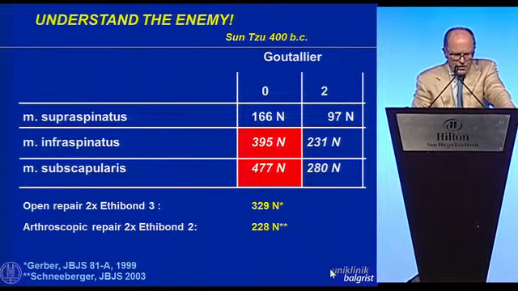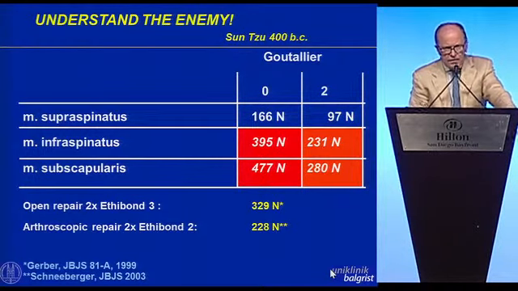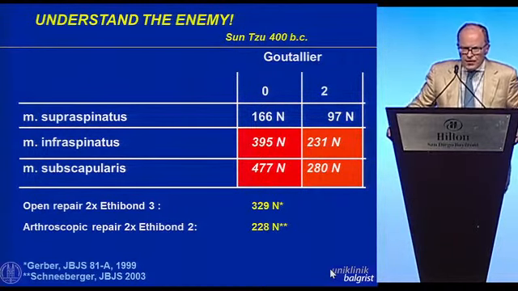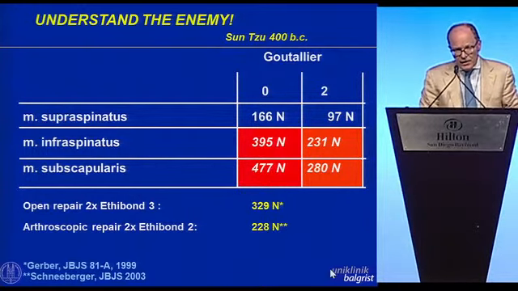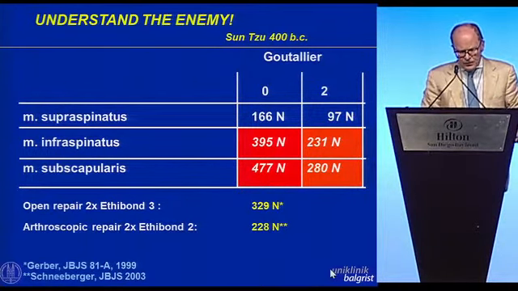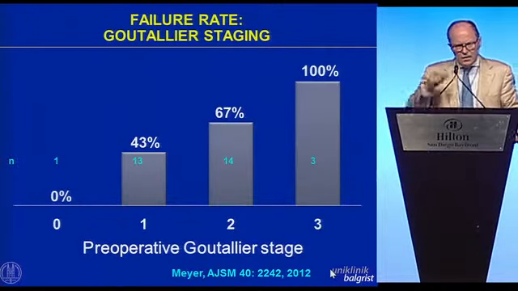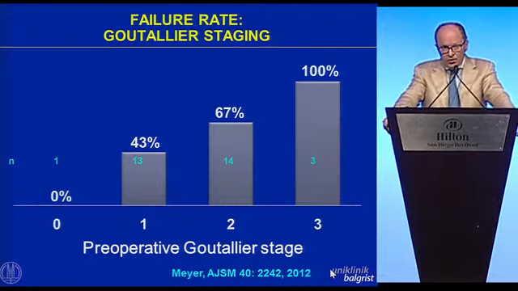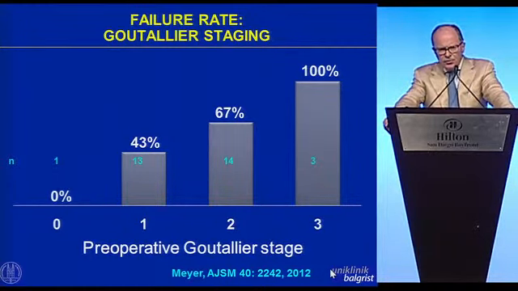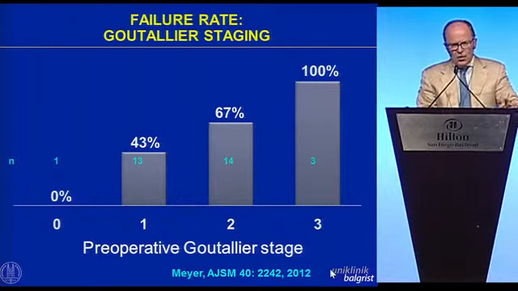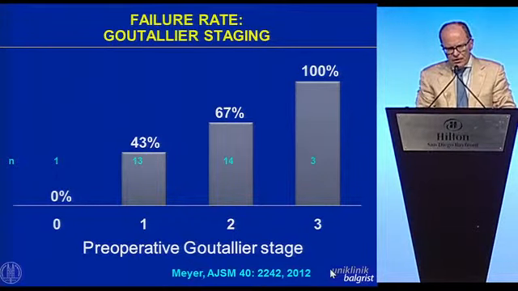Arthroscopic repairs are even lower. And if you look at Goutallier stage 2, then you're still at a very, very high level of failure. You're at the level of the failure that you can induce with the sutures. Nonetheless, you know that the failures occur in the Goutallier 2 and 3 and 4 stages, although the force that the muscle can generate is lower.